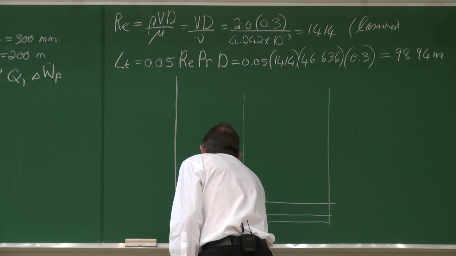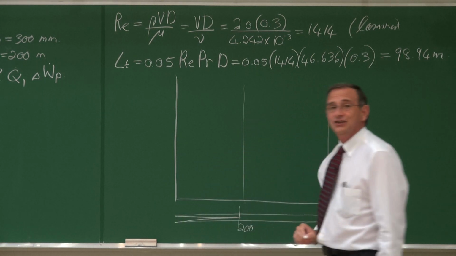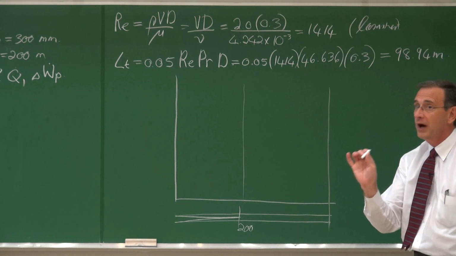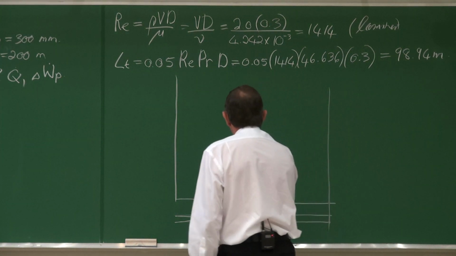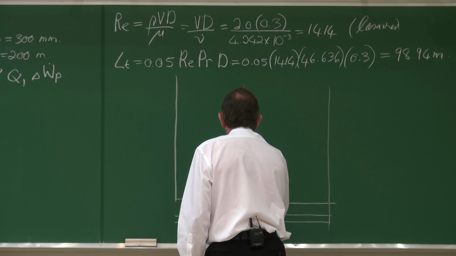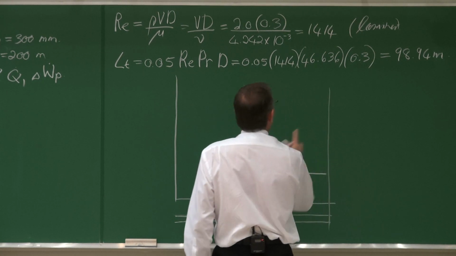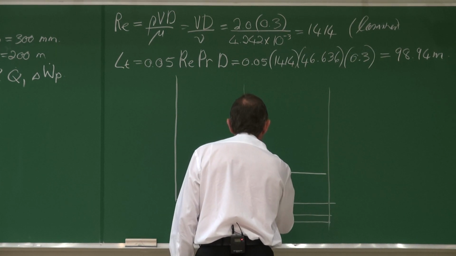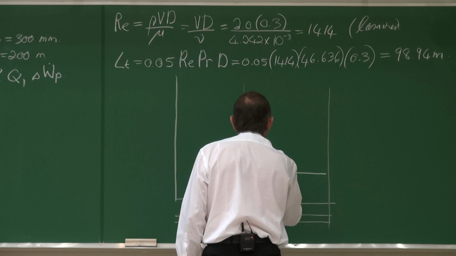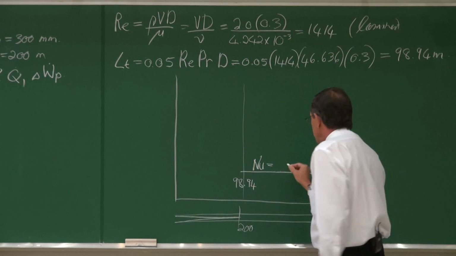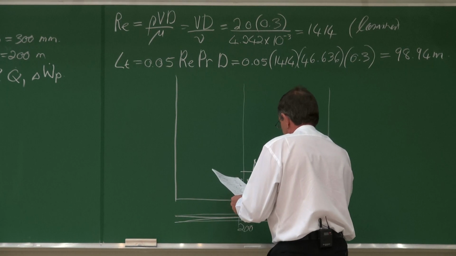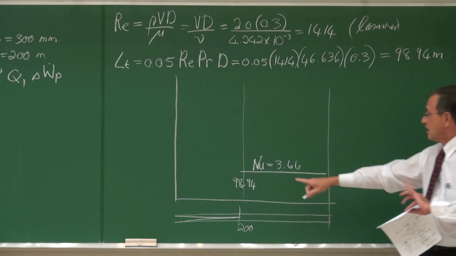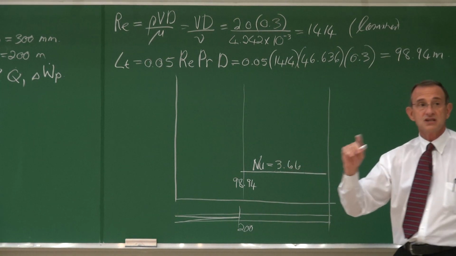So if we were to put in the thermal boundary layer, it's going to take 98 meters. And that is important information because it means that only after 98.94 meters would the Nusselt number be equal to 3.66. Why? For a constant wall temperature, fully developed flow, the Nusselt number is 3.66.